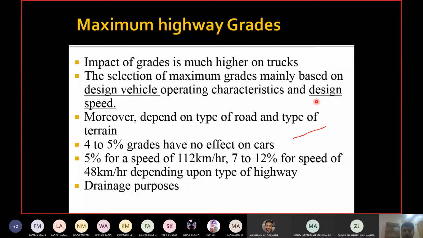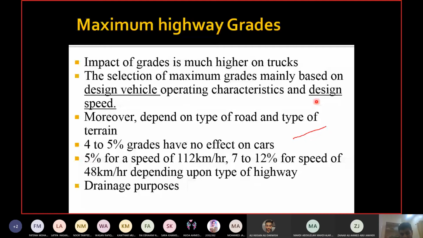You may say, okay, my road is going downward, so the gradient is downward, I don't have any problem. No, even on a downward gradient, heavy vehicles have a problem. Why? Because if they try to accelerate on a downward gradient and something comes in their way, then their vehicle will not be in their control and they will need more braking distance.